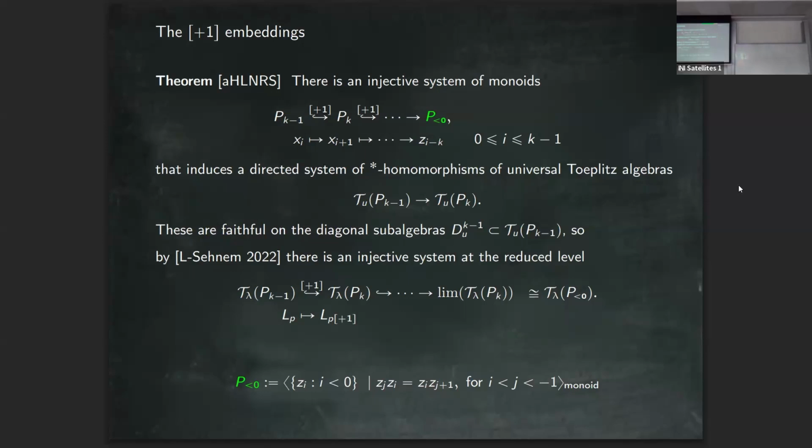All you need is a universal property. So that's fine. But we can verify that those embeddings are faithful on the diagonal. And since the diagonals are the same as the reduced ones, we have a theorem with Camila in our paper about the algebra that says that now it drops down to the reduced. So now we have an injective system at the reduced level.